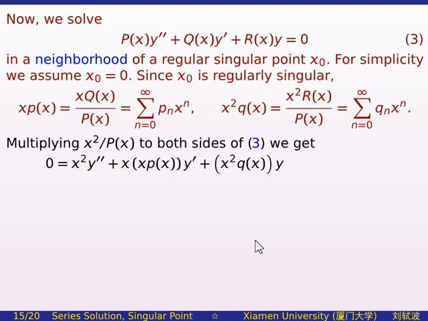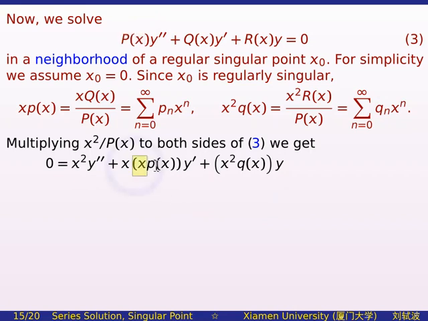Now we multiply both sides of the equation by x squared over P(x). Our equation will become: x squared y'' plus x p(x) y' plus x squared q(x) y equals 0. You divide by P(x) on both sides and then multiply by x squared on both sides, and you get this equation.